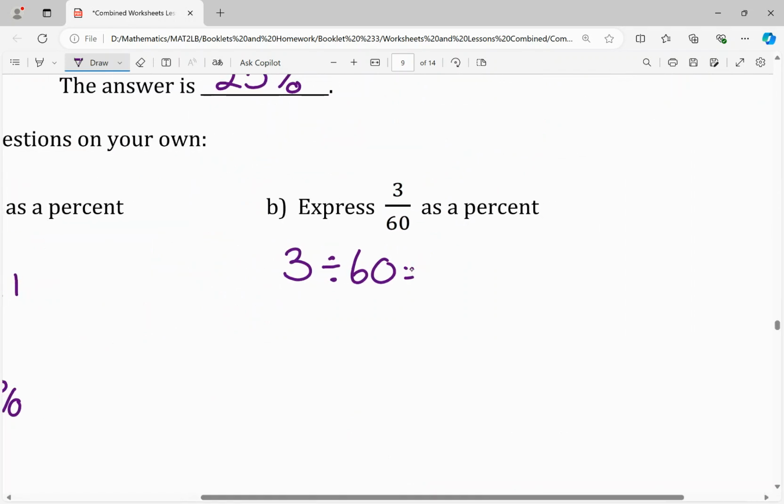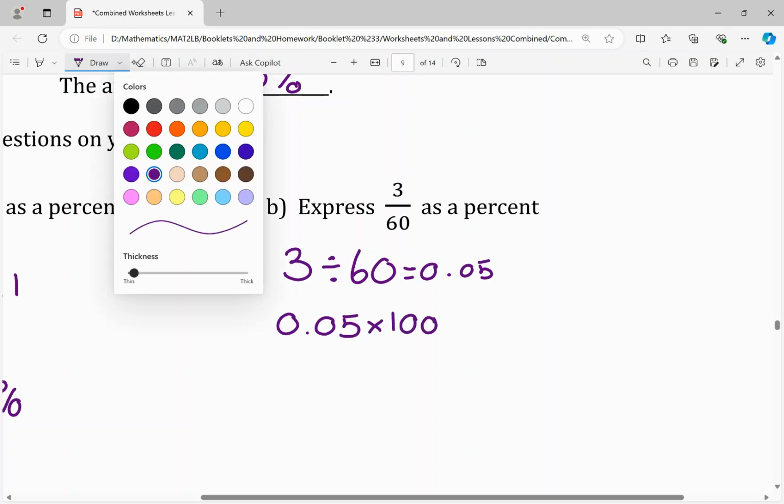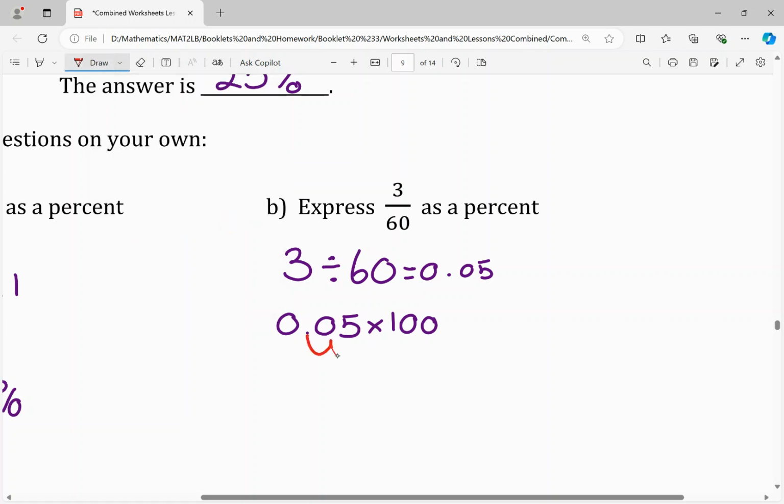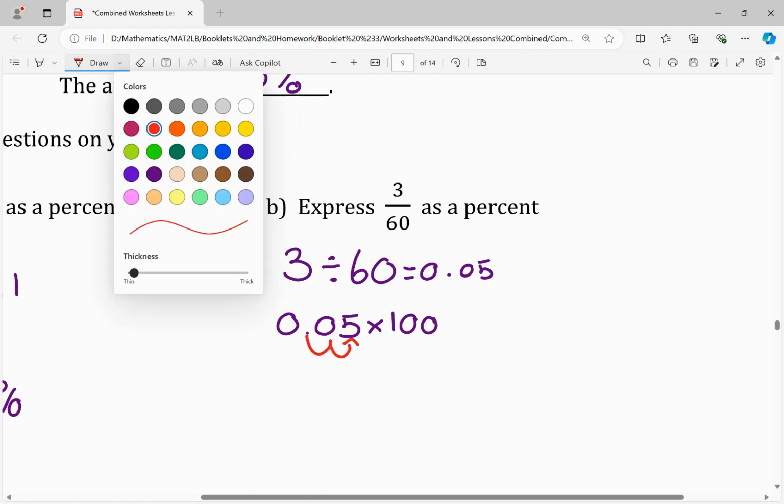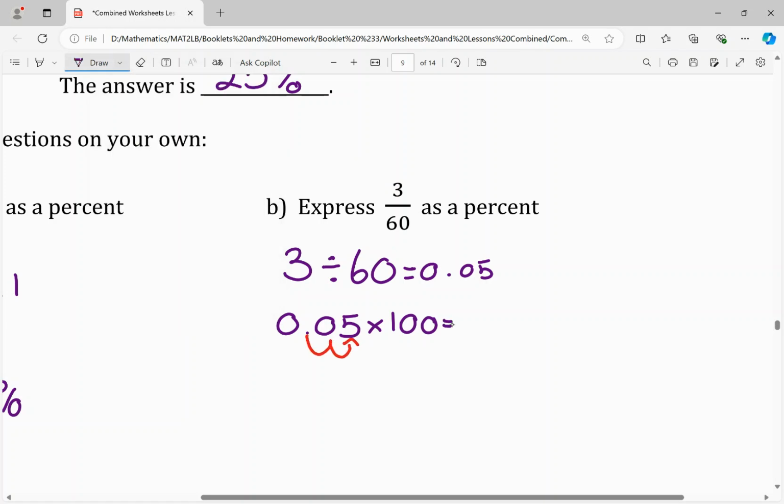That is going to equal 0.05. Step 2, we take our decimal 0.05, we multiply it by 100. In other words, we move the decimal twice, and we get 5%.